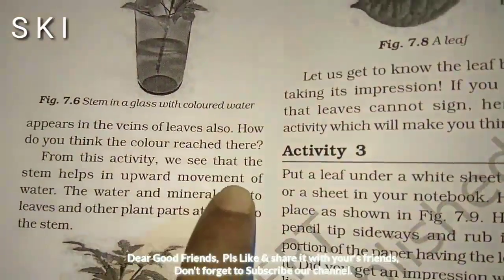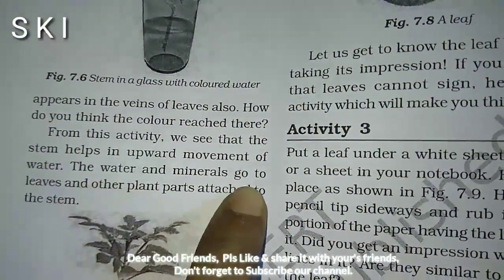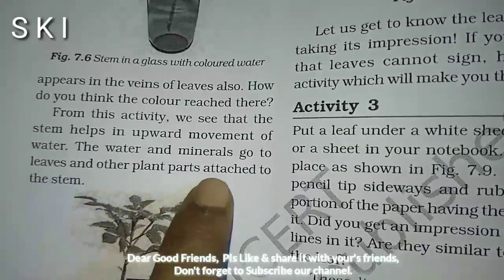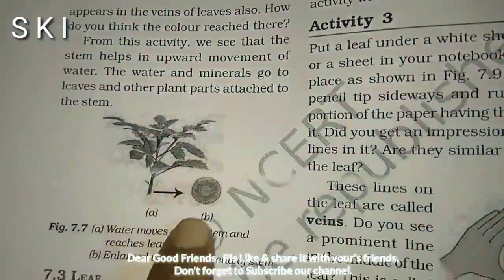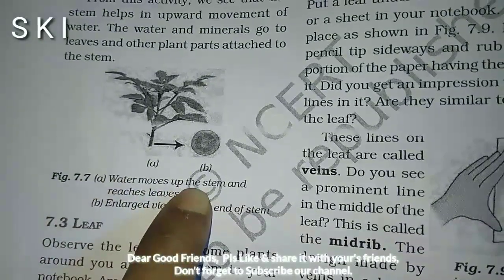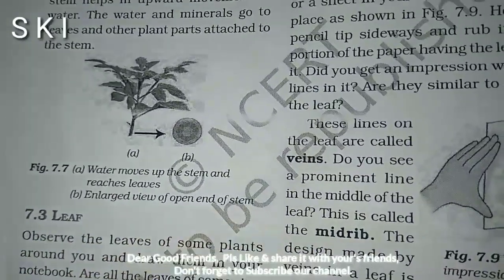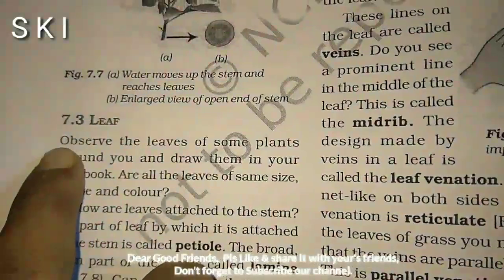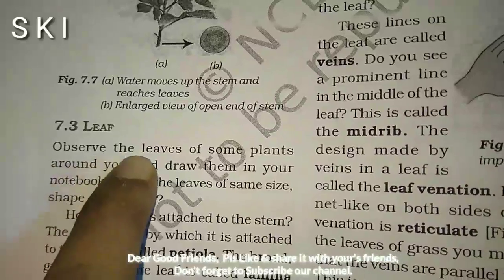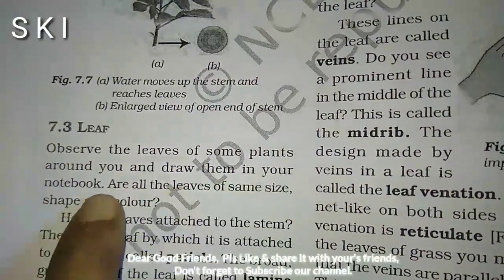From this activity, we see that the stem helps in the upward movement of water. The water and the minerals go to the leaves and the other plant parts attached to the stem. Figure 7.7. Water moves up the stem and reaches leaves. 7.3 Leaf. Observe the leaf of some plants around you and draw them in your notebook.